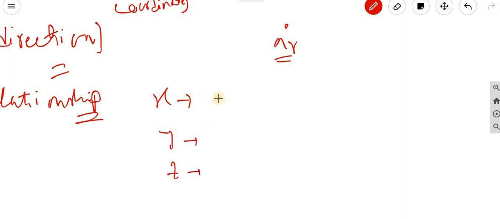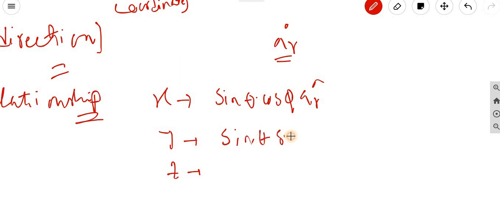What we got? sin theta cos phi AR, and sin theta sin phi AR, and in the z direction cos theta AR. Okay, but in case of Z, we got a reverse direction in case of theta.